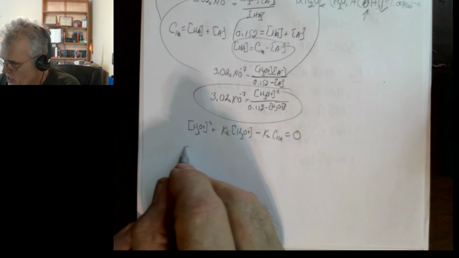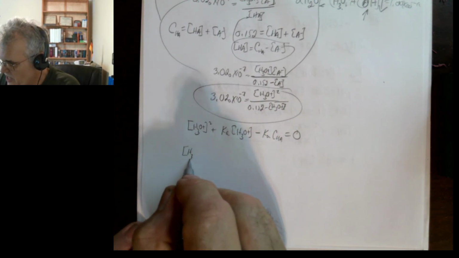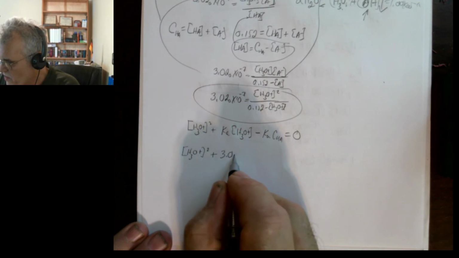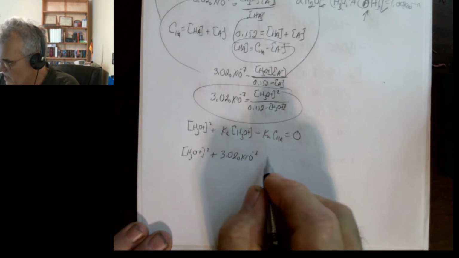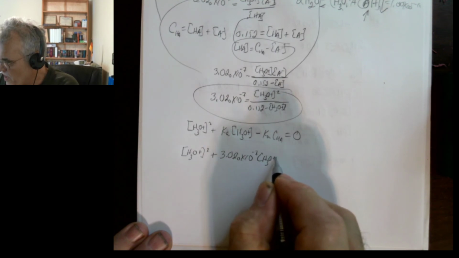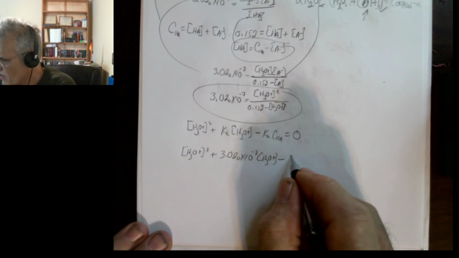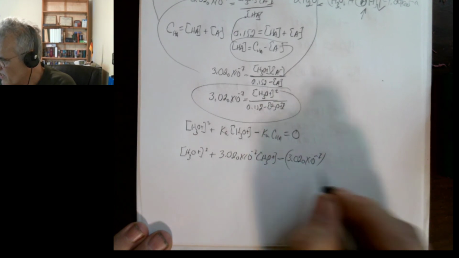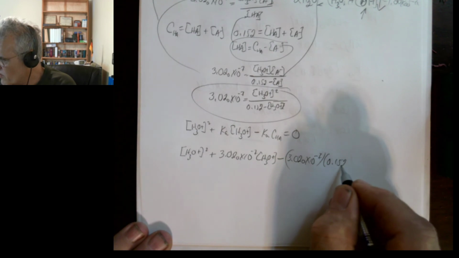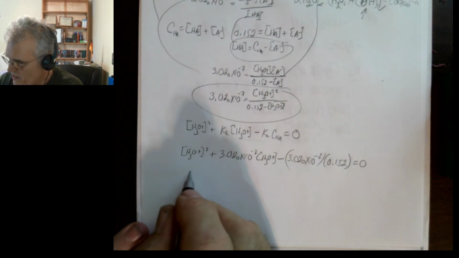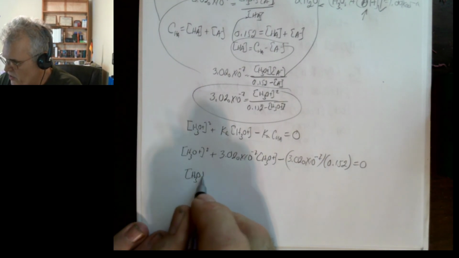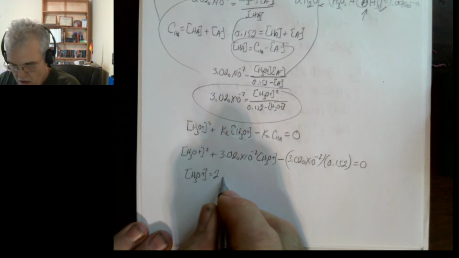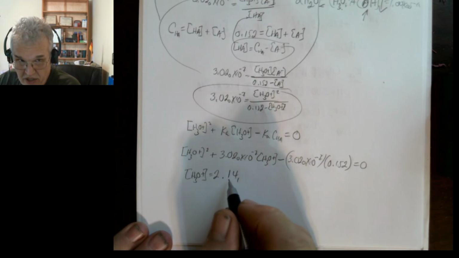For our specific case, it's H3O plus squared plus 3.020 times 10 to the negative 7 times H3O plus minus 3.020 times 10 to the negative 7 times 0.152 equals 0. And if you solve that, and I suggest you do, it's pretty easy to solve quadratics, so you should be able to do that. You should get 2.141. Of course, you have to throw out the extraneous root.